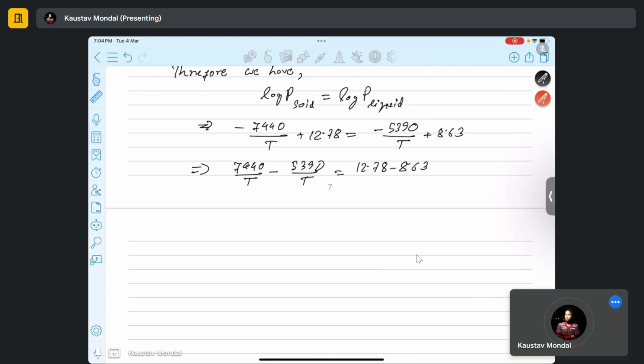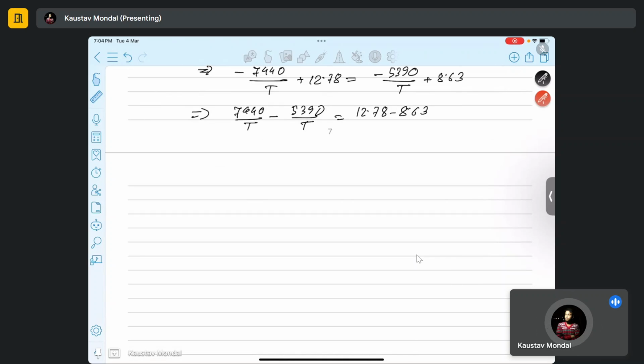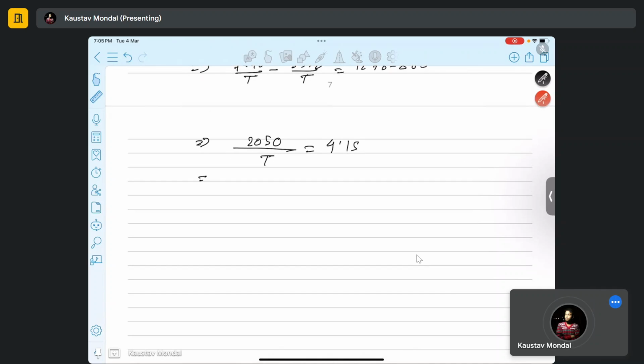Now if you subtract these two, it gives you 2050 by T equals 4.15. So T is 2050 divided by 4.15, which gives you 493.97 Kelvin. This should be the temperature at the critical point.